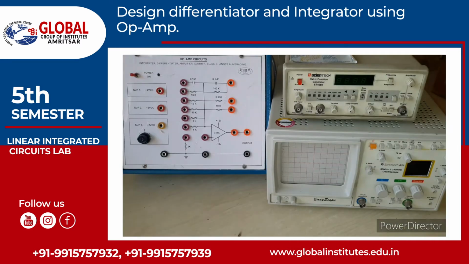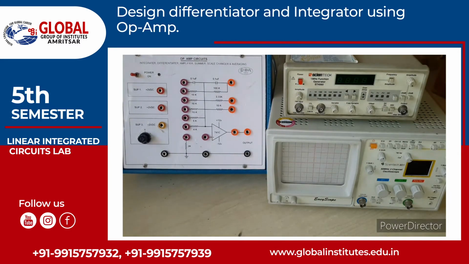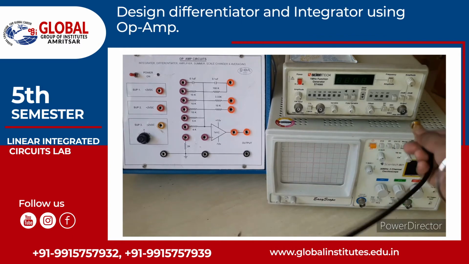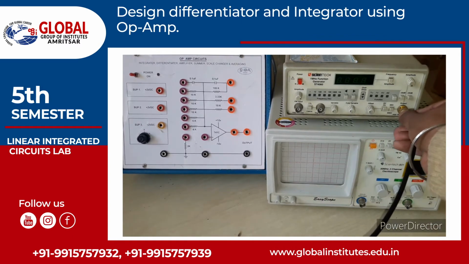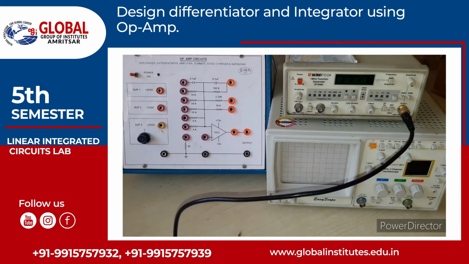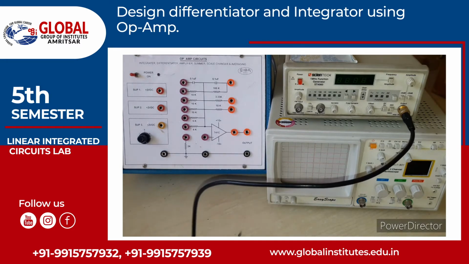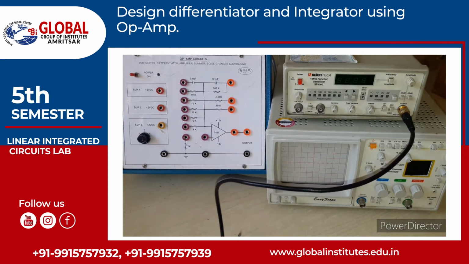So let us do the experiment of the integrator and differentiator circuit using the op-amp IC number 741. First of all, connect the input to the circuit. Here we are getting the input from the function generator.